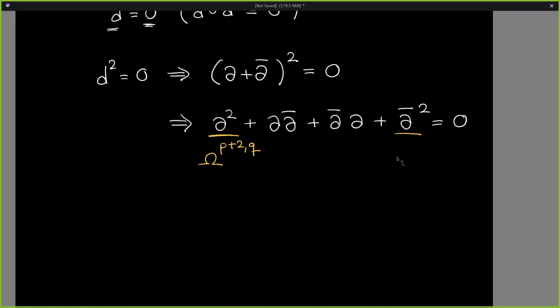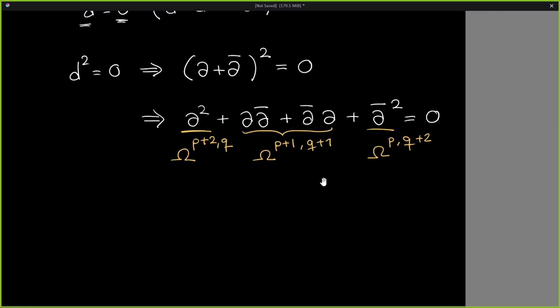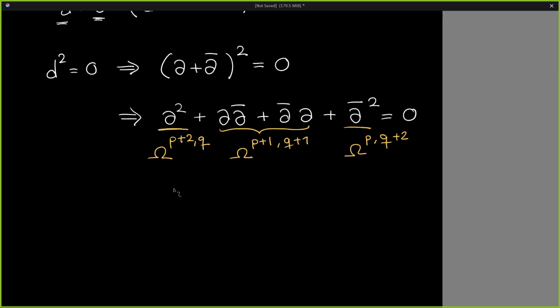This one sends everything to omega p q plus 2, and these ones send to omega p plus 1 q plus 1, both of them. And so just like when you have a polynomial, I keep using this analogy, let's say that you have bx plus c is equal to 0.